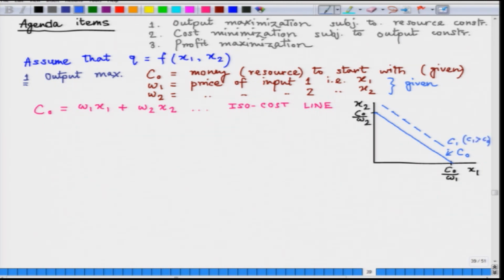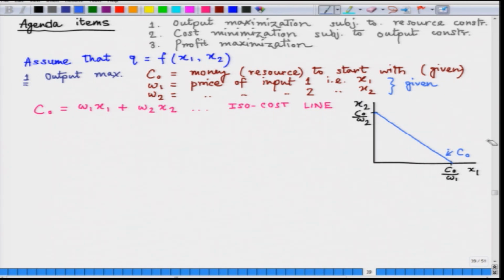So, note that we can generate series of ISO cost lines actually, but for this particular problem we will not require two different cost levels because we are talking about a particular cost level only. So, as of now let me erase the second ISO cost line for the higher amount of money.